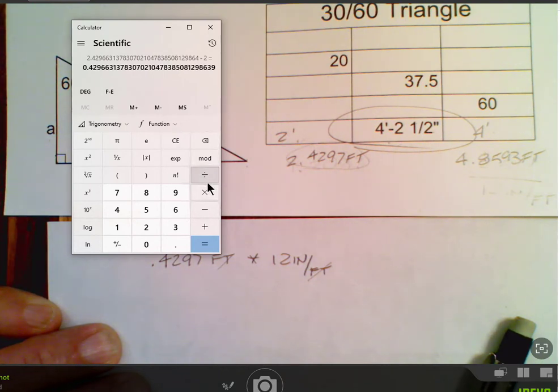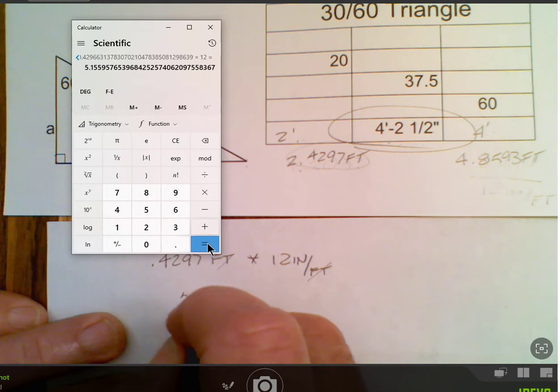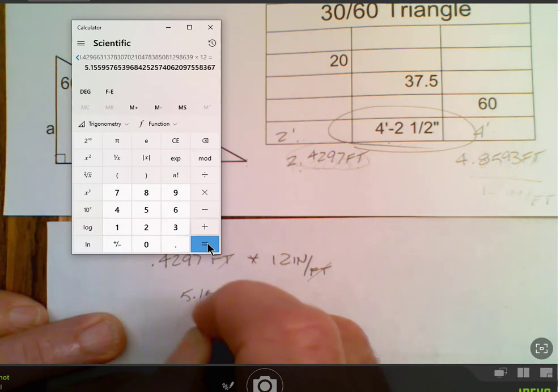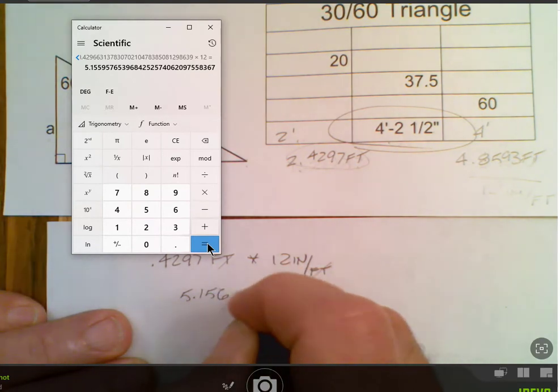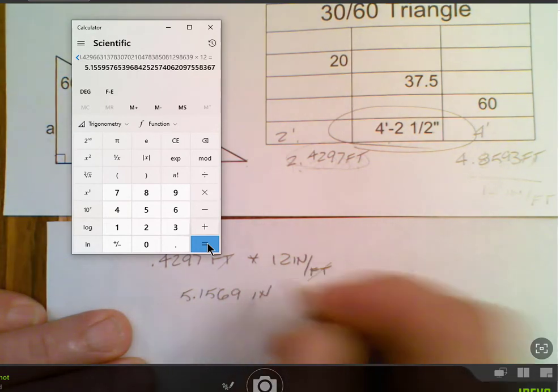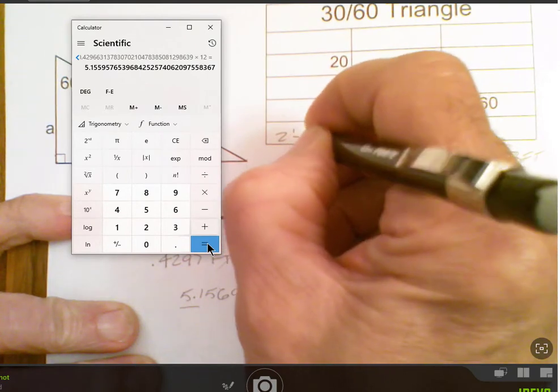So I'll multiply times 12, and I get a value that is less than 6 inches. And the value that I get is 5.15, well, 5595, and that 5 is a 5, so it's going to get rounded up. So 1.569 inches. Now, whole inches is going to go up here, dash 5.